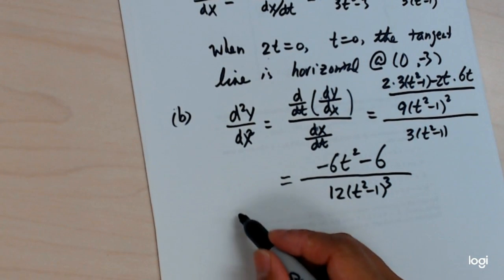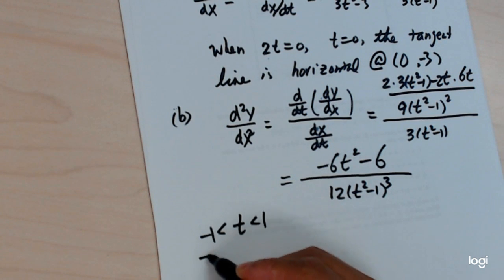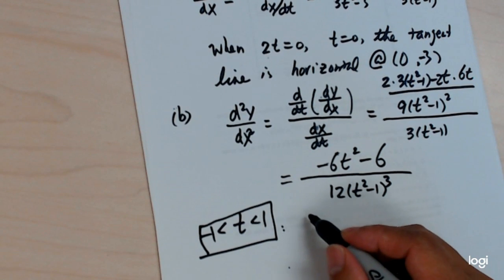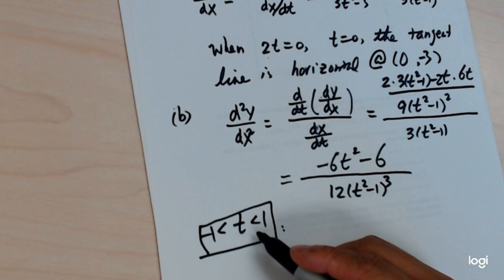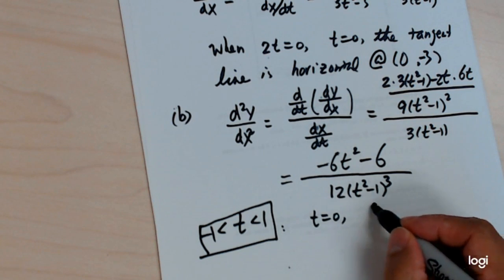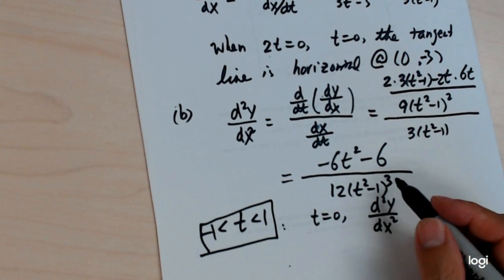The question was asking, is this concave up or concave down between negative 1 and 1? So what I will do here is pick a test point to check the sign on this interval. So t is 0. The second order derivative: plug in 0 here.